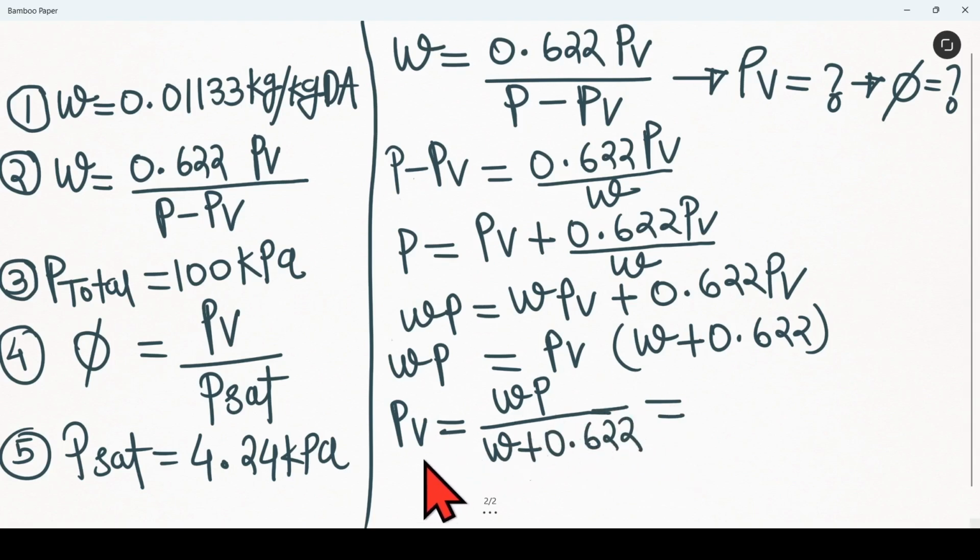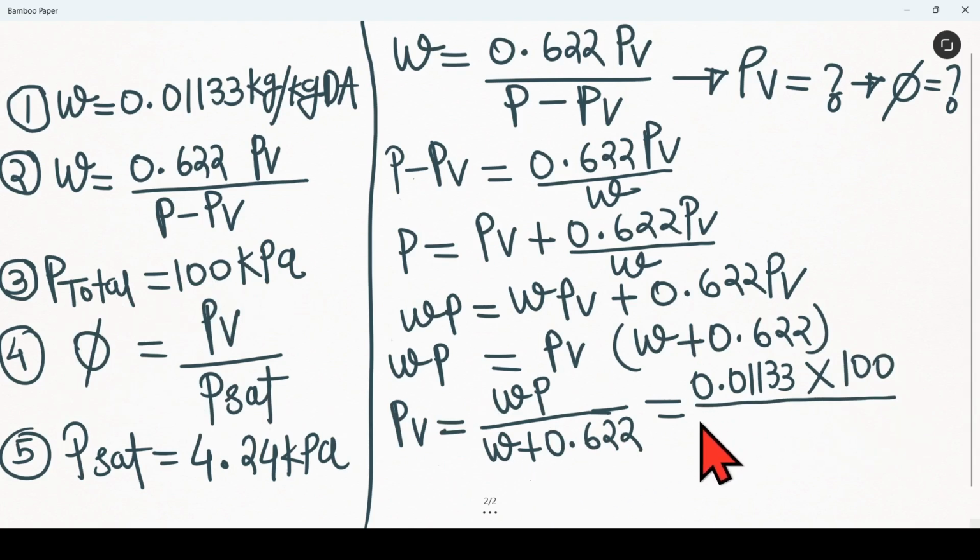So let's calculate what is PV here. Omega is equal to 0.01133 kg per kg dry air, multiplied by P. P is the total pressure of room air, that is equal to 100 kilopascal. That is multiplied by 100 kilopascal divided by omega, that is 0.01133, plus 0.622.